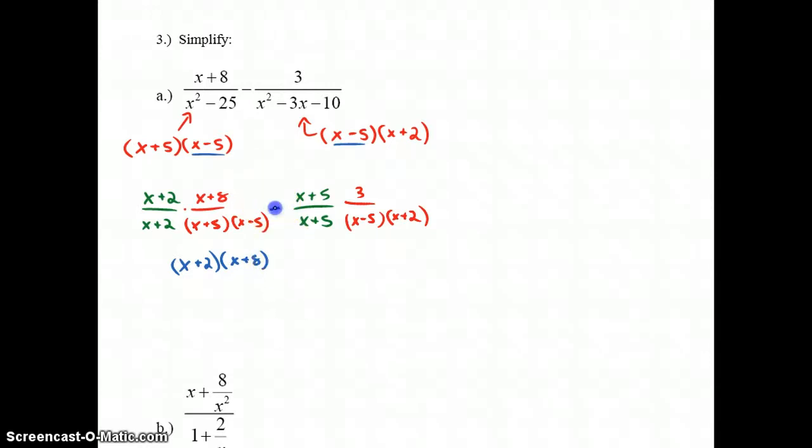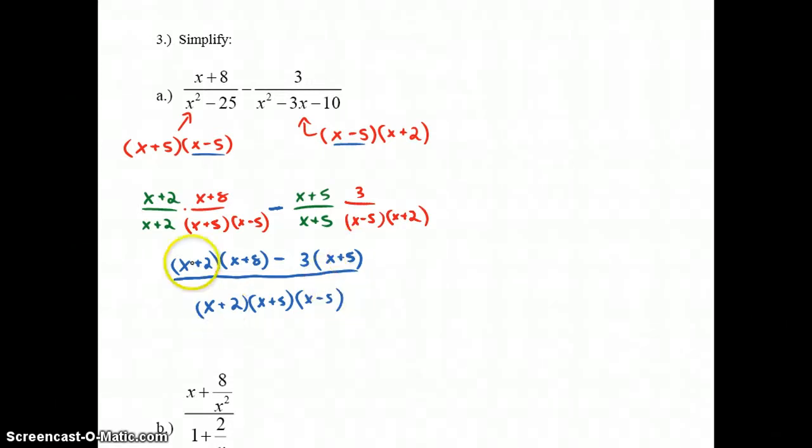And now these are subtracted, minus 3 times x plus 5, all over x plus 2, x plus 5, x minus 5.